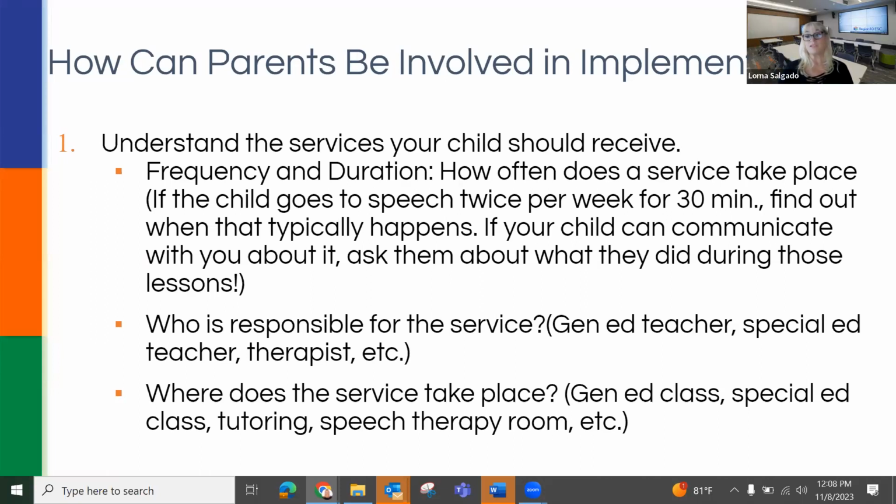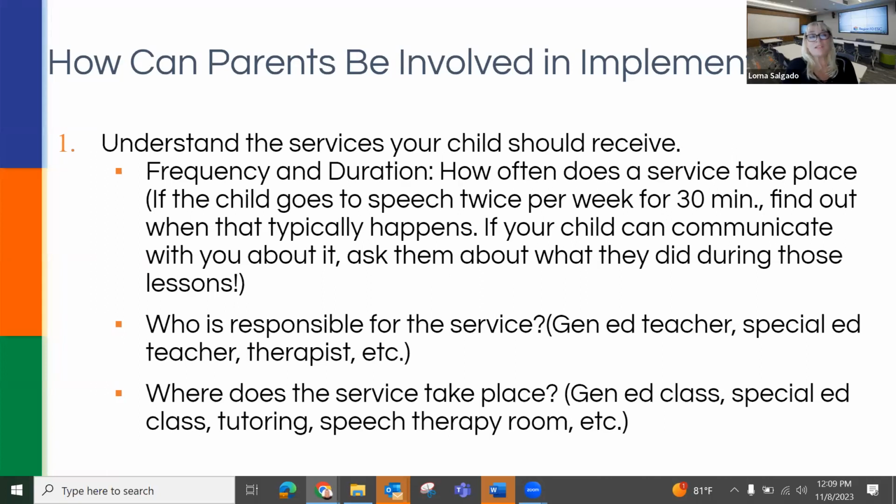If they're working on something specific, like in speech, they're working on telling the main idea of the story, then when we're watching a show on television, maybe we're going to ask questions in the same way, about the characters and things like that. So it really helps you to bring school home and let home go to school so that we can really bridge those gaps for your child.